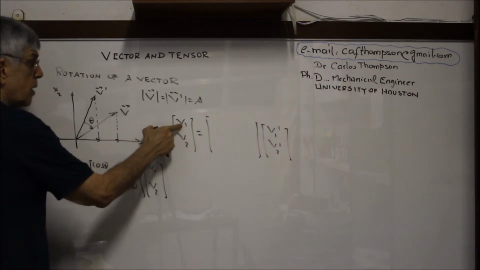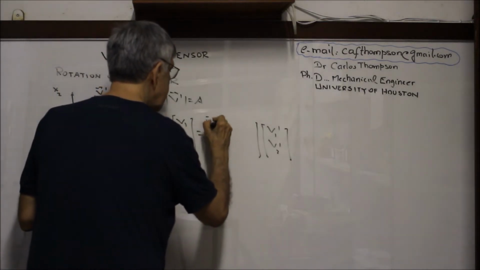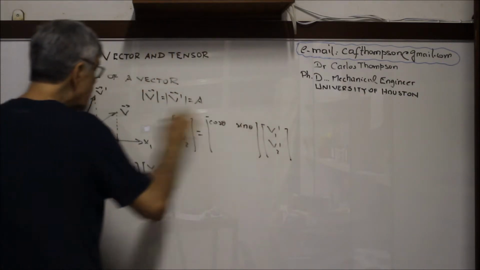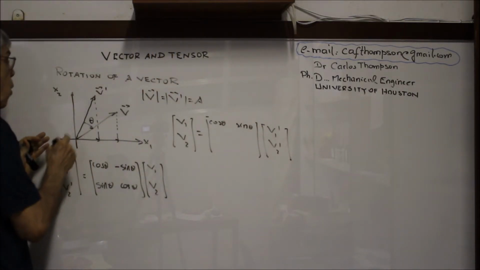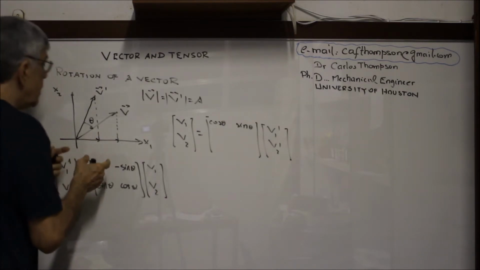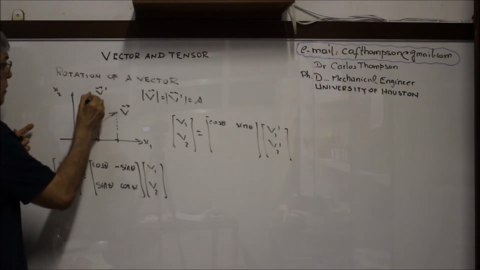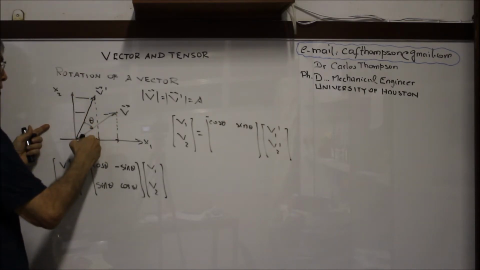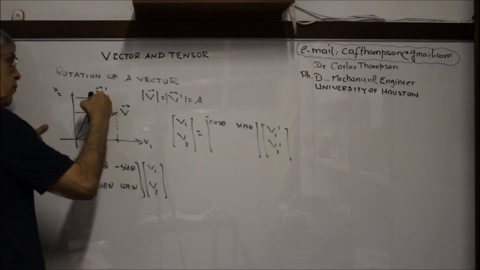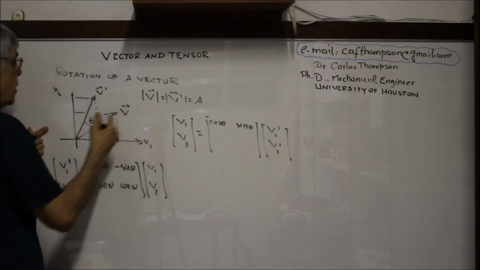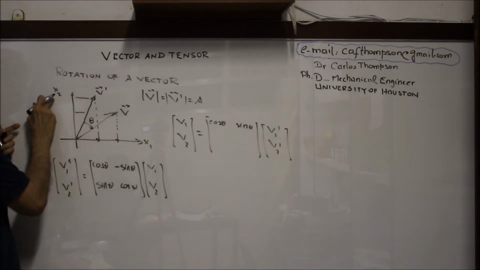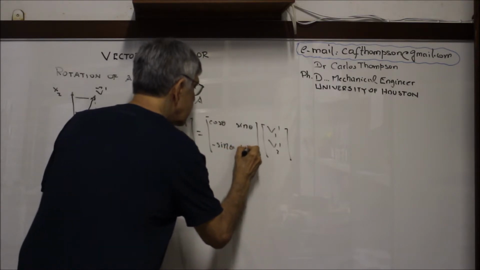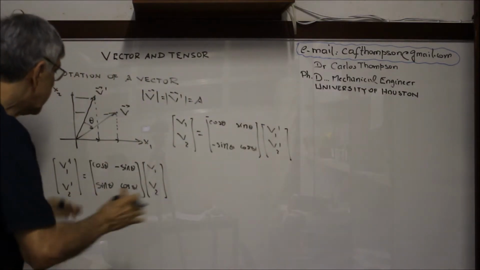This is V1. Then it will be plus sine. See, that's a trick. Cosine theta plus sine theta. You just analyze, you compare sizes. Likewise, this is V2 prime. This is V2. So V2 decreases from V prime to V. The x2 component will decrease. That's why you have minus sine theta and cosine theta.